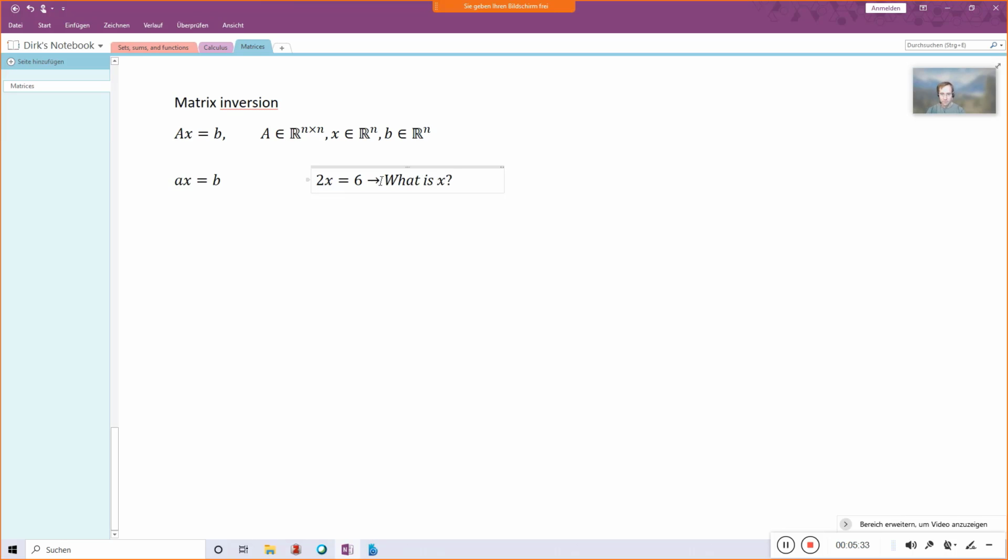It was not really clear why you were doing this, but it was done, and you hopefully remember how you solve these problems. Rather than asking you now for this simple thing, I will remind you of how you did it. What you did is you tried to isolate the unknown, so x is what you call the unknown, on one side by applying the respective anti-operations. So if you have a multiplication, the antidote, so to speak, was division, so you would divide both sides, in this case by 2.